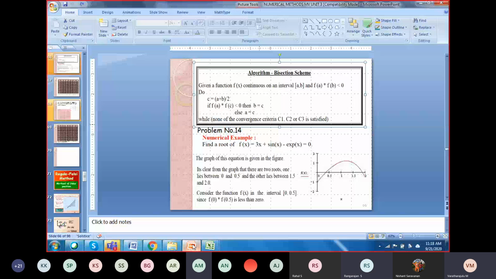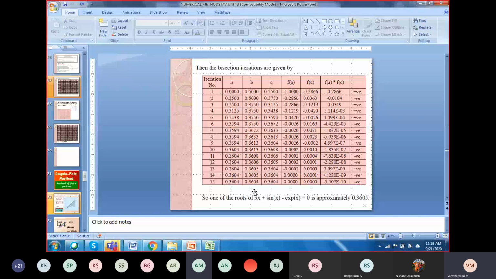That is why I have solved with the aid of Excel, and I will share my Excel once the class is over. This is our problem and this is our solution. The solution for this particular case is 0.3605. Here C is our solution.